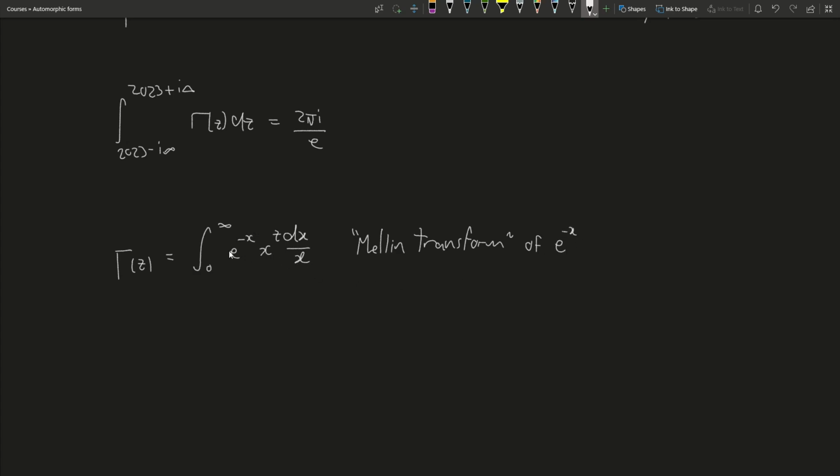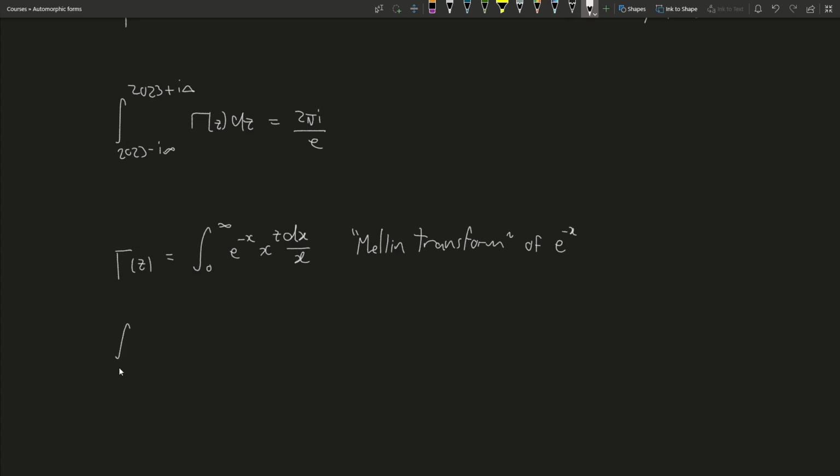And this is essentially the definition of a Mellin transform, right? If you replace e to the minus x with f of x, then that's, by definition, the Mellin transform of f. The Mellin transform is the Fourier transform or the Laplace transform under a change of variables. And just as the Fourier transform has an inverse transform, the Mellin transform also has an inverse transform.